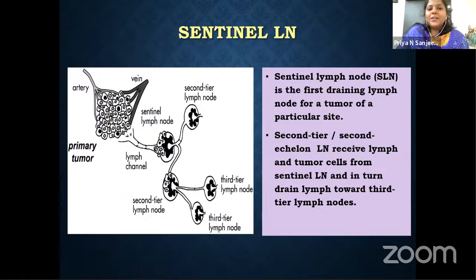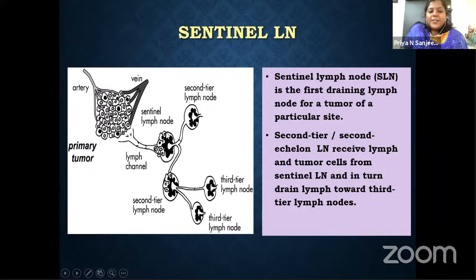Yes, sir. I had a slide for sentinel lymph nodes. A sentinel lymph node is nothing but the first draining lymph node from a primary tumor. This diagram explains it. There is a primary tumor focus, and the tumor cells can drain into the closest lymph node. The first draining lymph node is called the sentinel lymph node. Sentinel refers to the primary echelon. From here, it can go to different lymphoid basins.